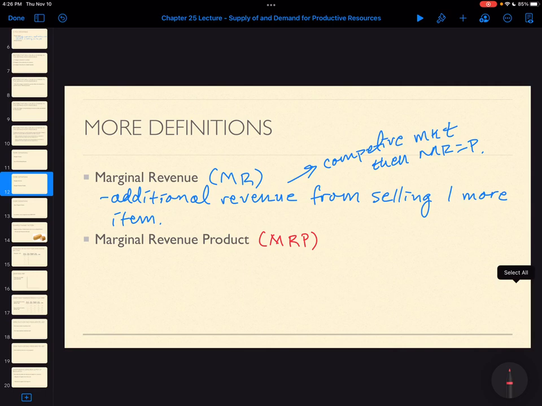That person makes some more stuff; that's called marginal product. I then sell that stuff, and that's the marginal revenue. So marginal revenue product looks at the additional amount of money my company makes when I hire that additional employee.